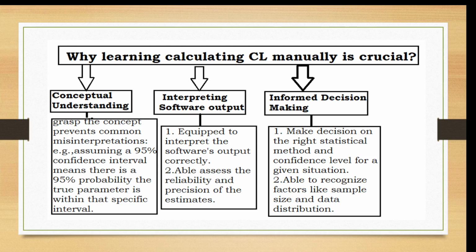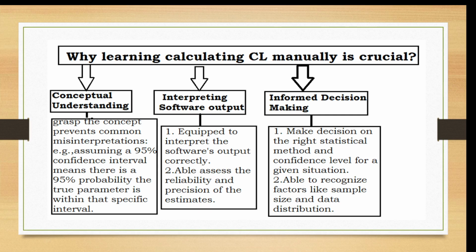The second reason why learning to calculate confidence level manually is very important is the interpretation of the software output. Once you have mastered how to calculate the CL manually, you will have equipped yourself with some knowledge of how to interpret the software's output correctly, and it will also enable you to assess the reliability and precision of the estimates.